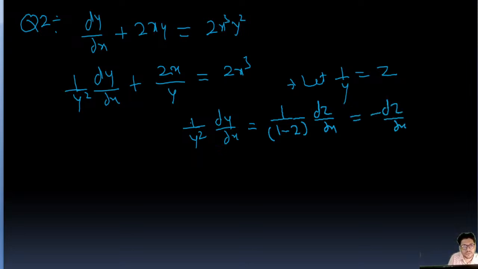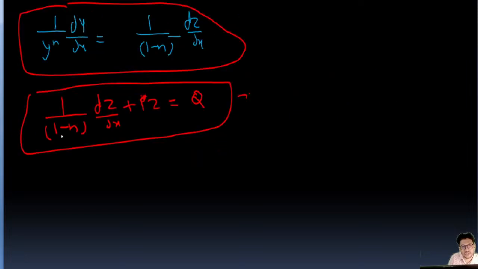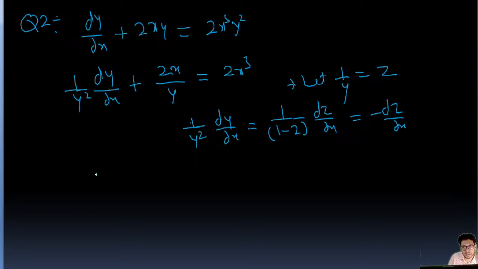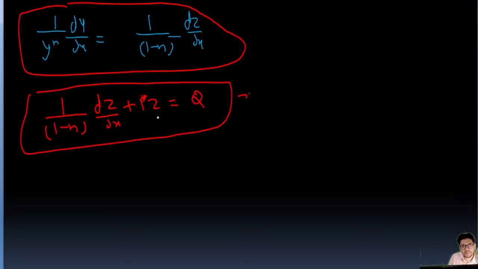So now we'll put the value here in this equation. Directly we can also put the value. You can just memorize this and directly put the value. So it's 1 upon 1 minus n, right? So this is going to be minus dz upon dx after putting the value here, plus pz.